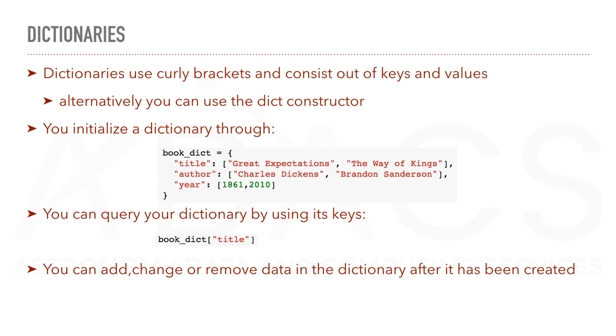There's also their authors and years of publication in this dictionary. Now you can query your dictionary using its keys. In the example, book_dict in brackets title will return a list of book titles that are stored in this dictionary. This returned list you can in turn query like you'd normally query a list. Again, you can add, change, and remove data in this dictionary as you please.